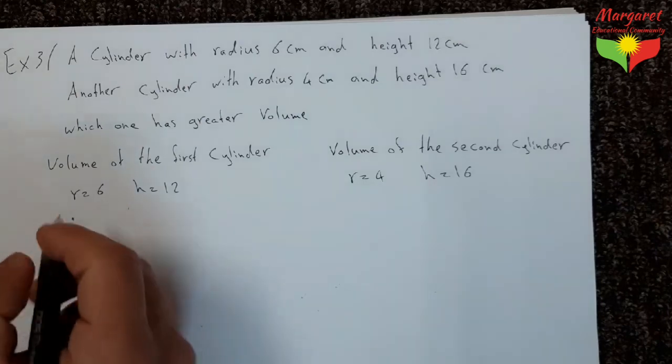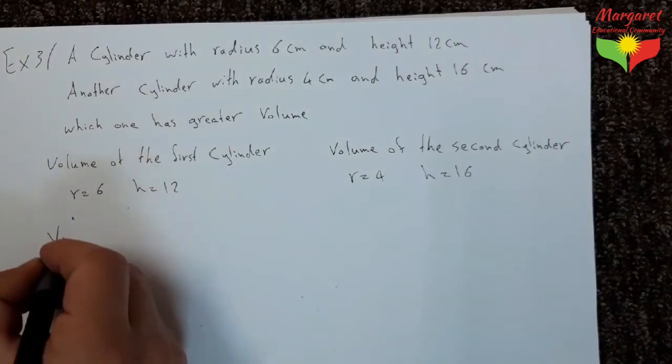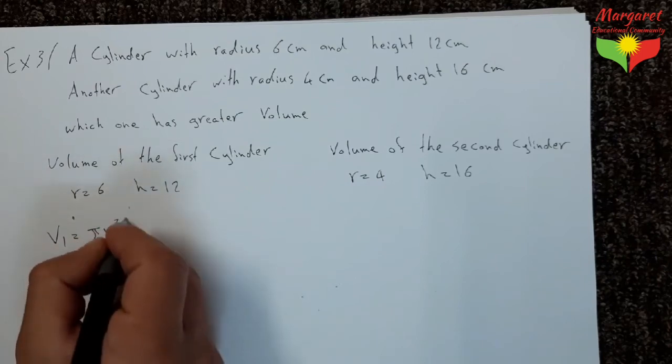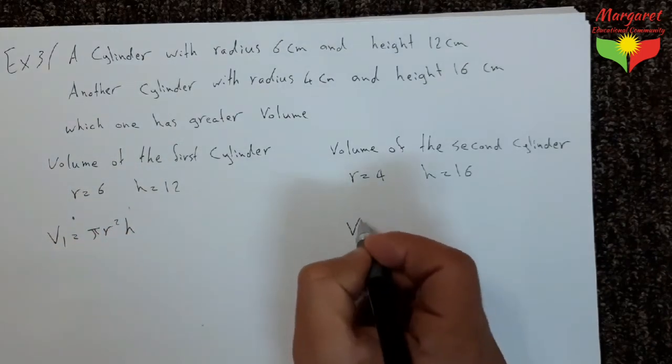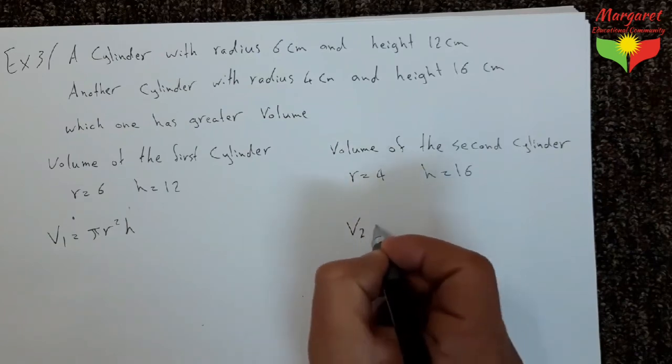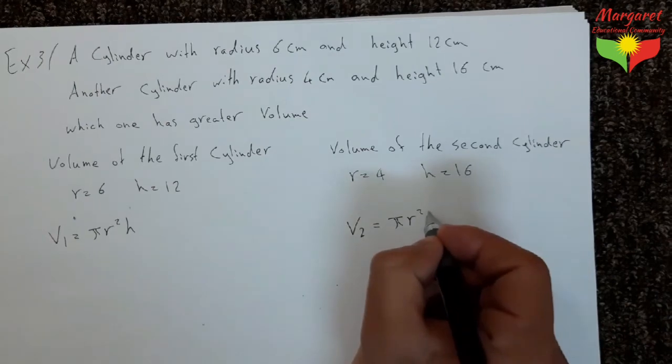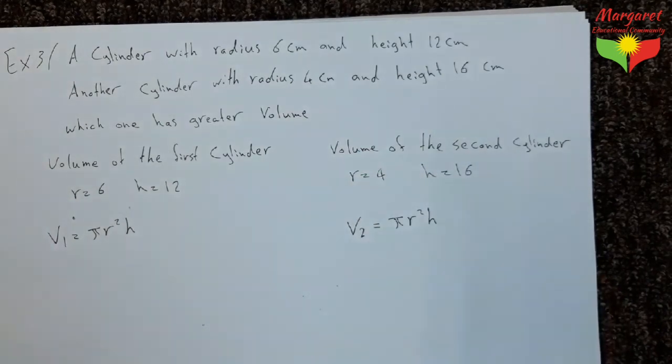the volume of the first cylinder equal to pi r square H, and the volume in the second one equal to pi r square H. Substitute each value.